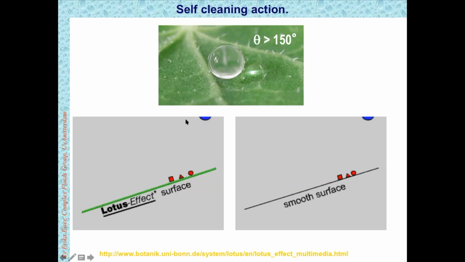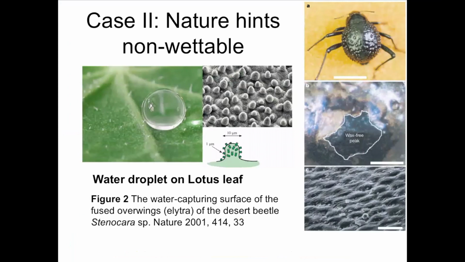And so the nanostructure of the surface induces self-cleaning properties. On the smooth surface, the dust or the dirt stays. On a nanostructured surface, the dirt goes away. And you see again that pillar type structures are important for these properties.